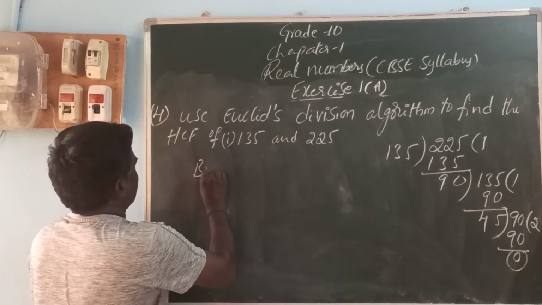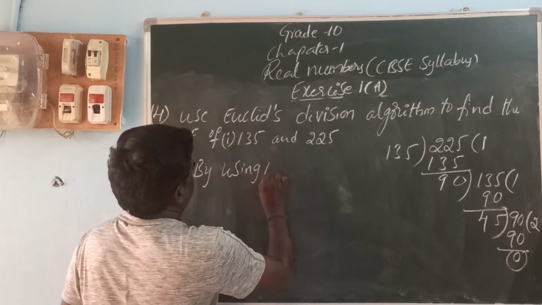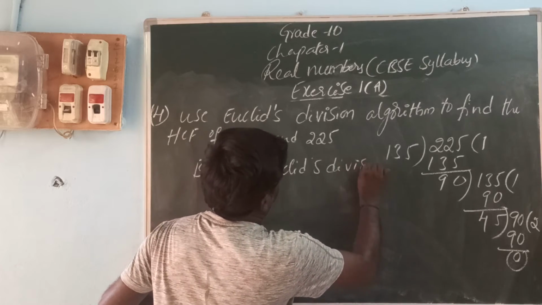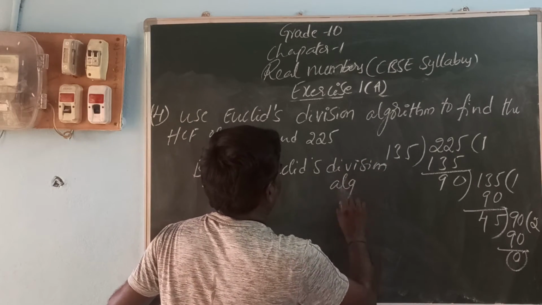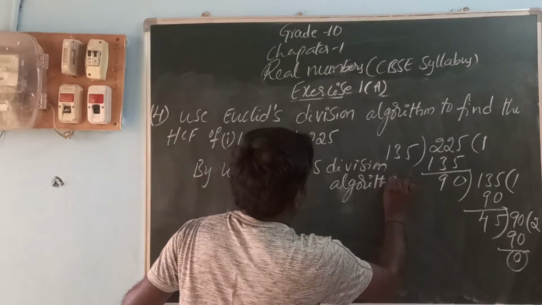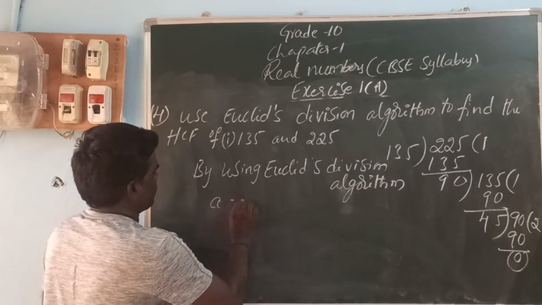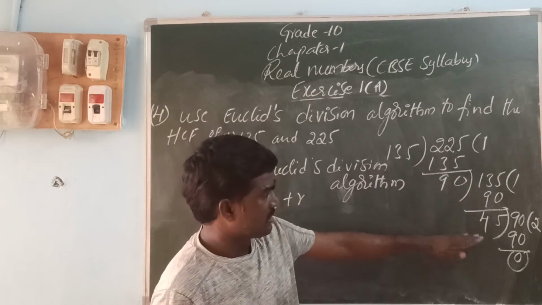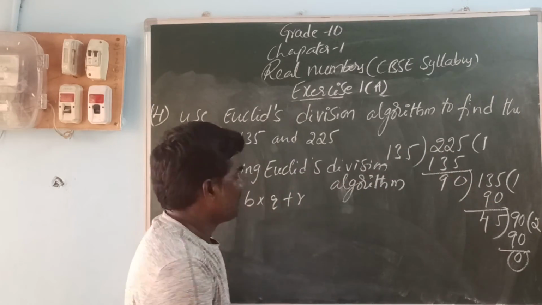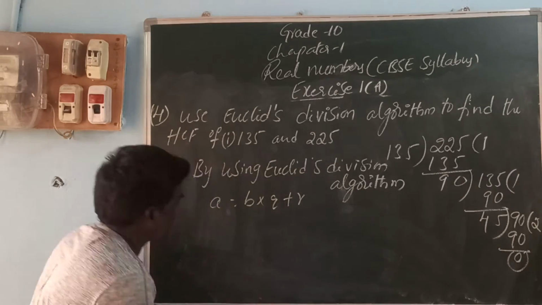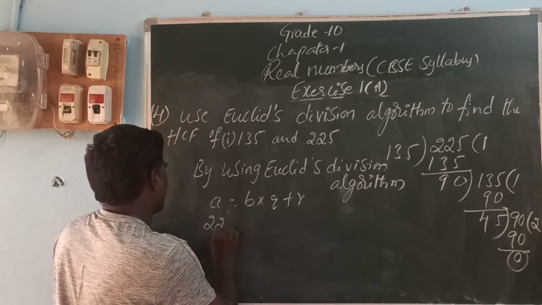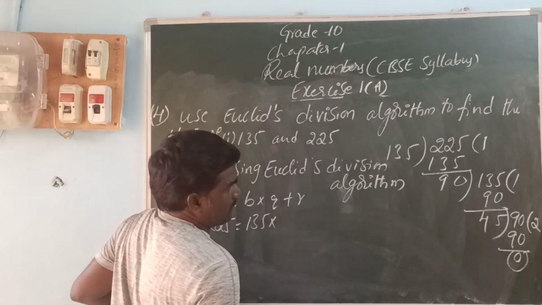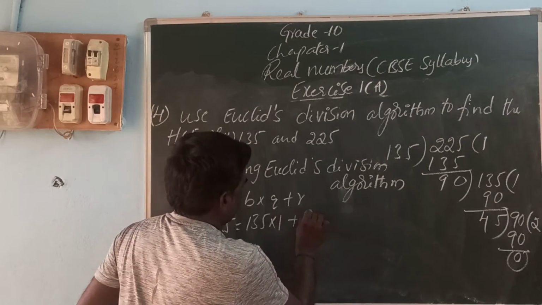So here by using Euclid division algorithm, A is equal to B into Q plus R. How many times did we use the division algorithm? 1, 2, 3 times. So here 225 is the dividend, equal to divisor 135 into quotient 1 plus remainder 90.